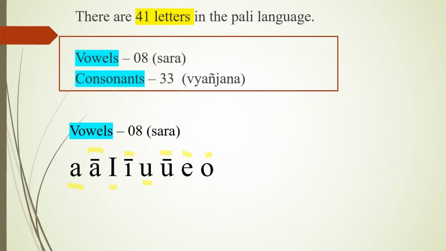Now let's see how to pronounce these with examples. Okay. A. A is pronounced like but, but.